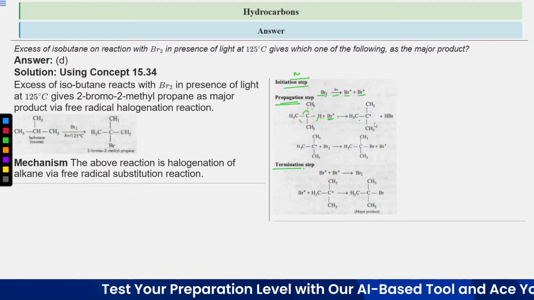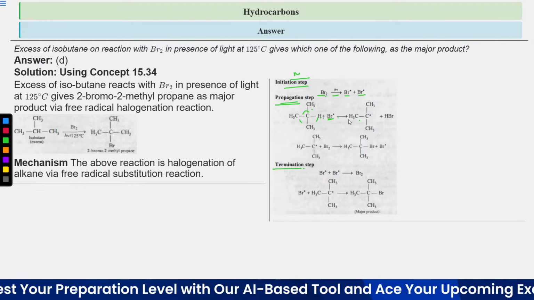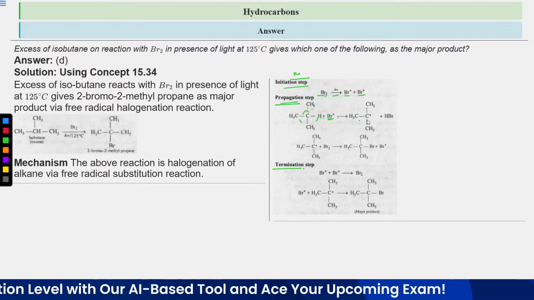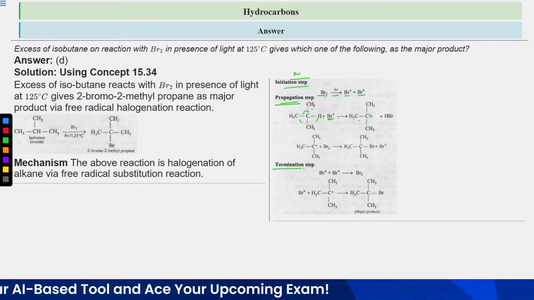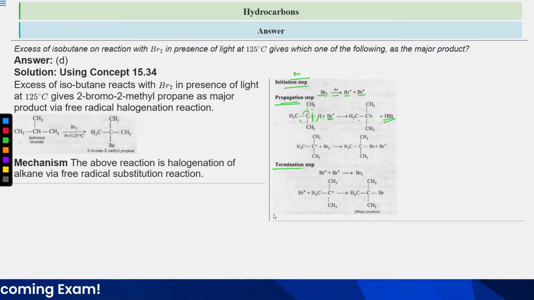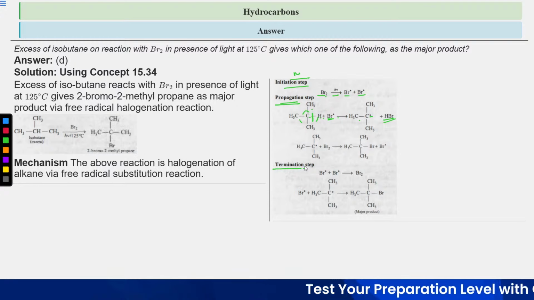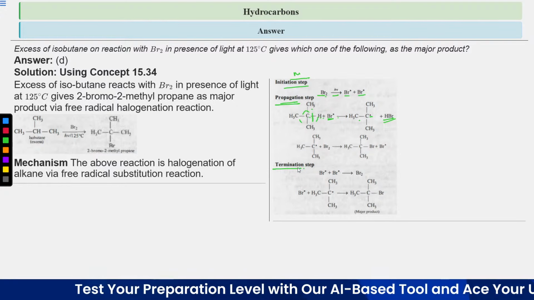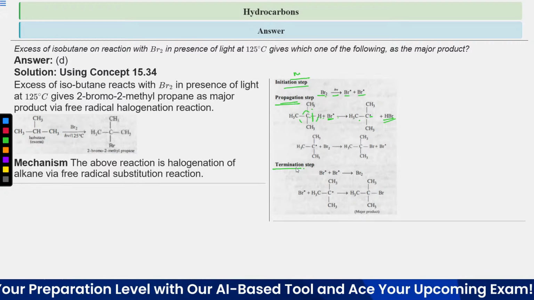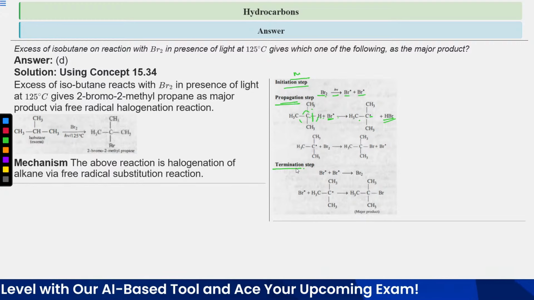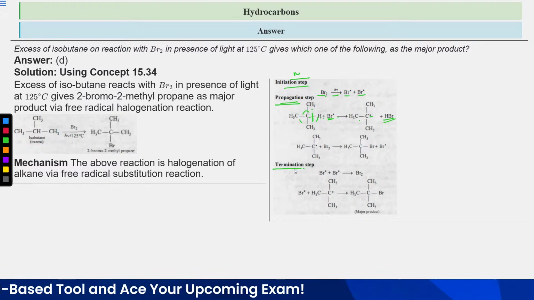So at this carbon the dot will come, because from here we have snatched the hydrogen, and the HBr molecule is formed. And as you know the isobutane is in excess amount, so again this free radical will react with the bromine molecule and form (CH3)3CBr. At the second position bromine will attach, and bromine will again go to the free radical, right? So this structure will form.